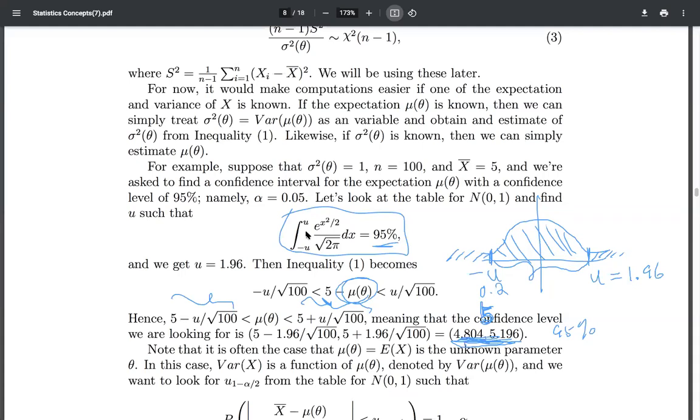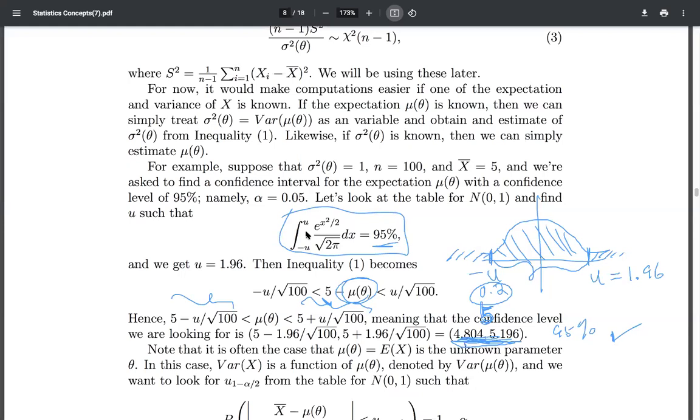The true value is in here, but the estimated value 5 is not too far off. It's at most 0.2. And I have a 95% confidence that my 5 is close to the true value by this error. Okay, so that's what this means.